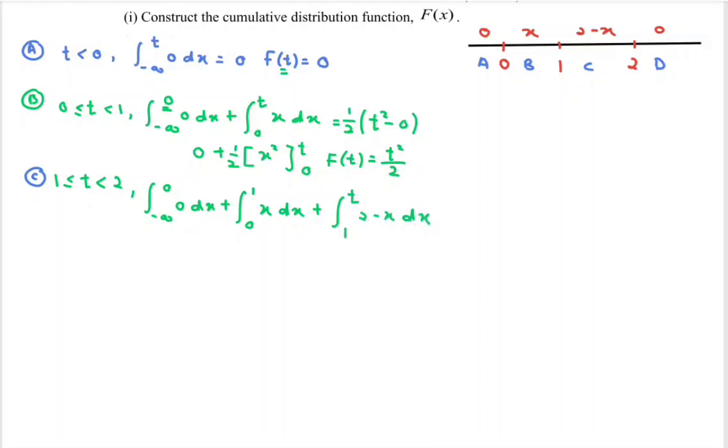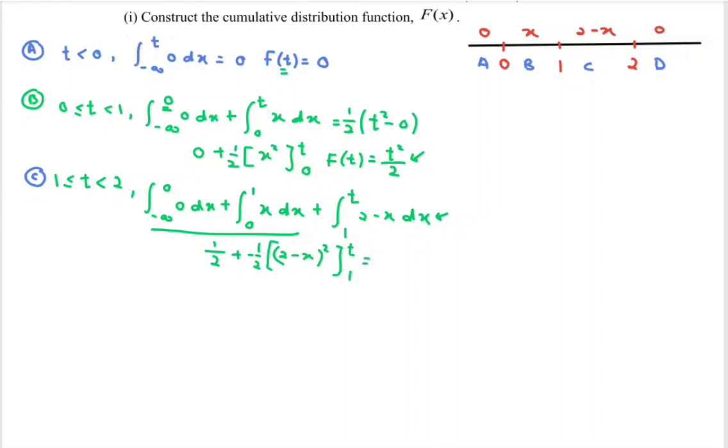By referring to the situation in here, actually we can sum the first part, which is 1 over 2. So if we substitute 1, we will have 1 over 2, plus we have to integrate this part. So we will have negative 1 over 2 times (2 minus x) squared, evaluated from 1 to t.